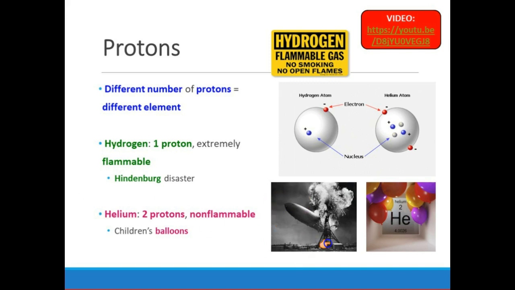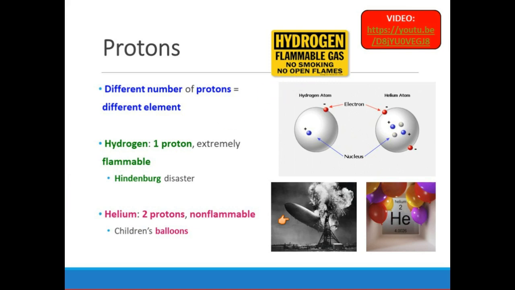What happened here is that because this was filled with hydrogen, it unfortunately got caught on fire, and because of that, it actually exploded, which would have been very different with helium. Helium would not have exploded into flame. So we learned from this experience that helium is a better choice than hydrogen. Crazy disaster. Not good.